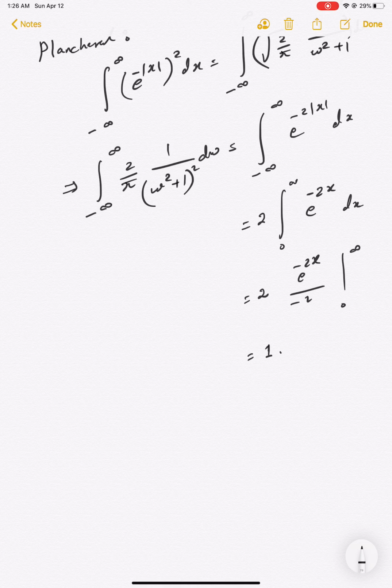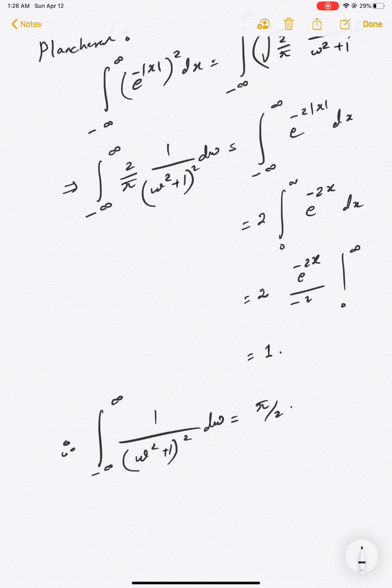If you substitute infinity, you get 0. If you substitute 0, you get exactly 1. This is a very nice result. So basically what we found is that the integral from negative infinity to infinity of 1 over omega square plus 1 squared is equal to pi over 2. This is again a nice integral that you can find easily using Fourier techniques.